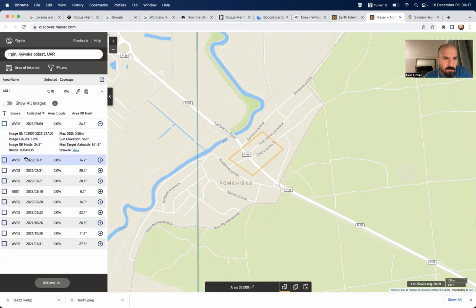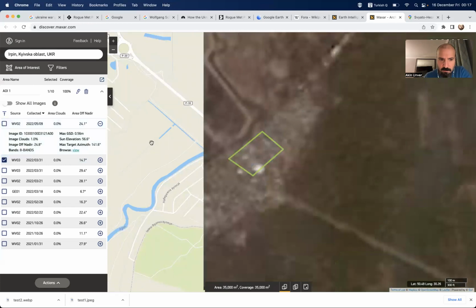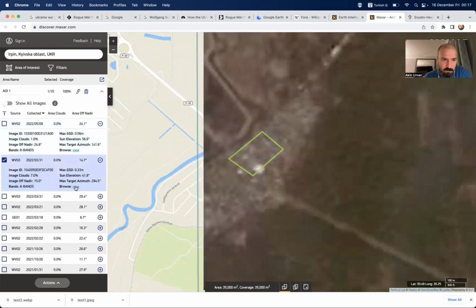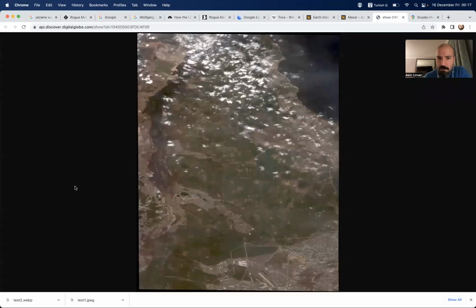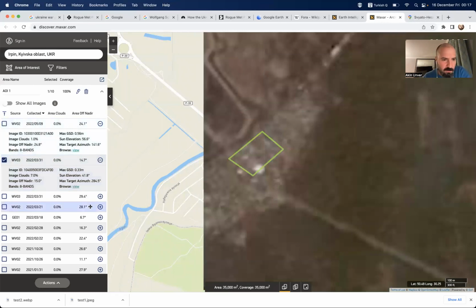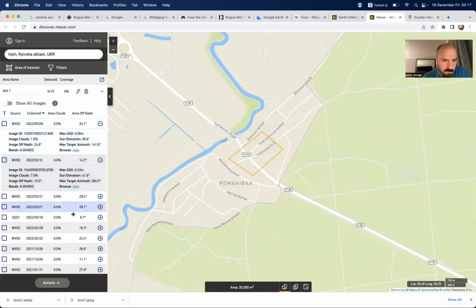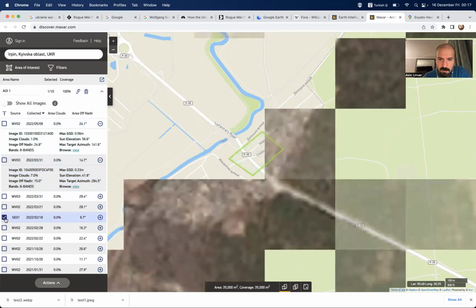The second one, March 31st, I'm looking at that. It's also very low resolution. It's another satellite imagery of the area, but it's so low resolution that it's becoming very difficult to point.